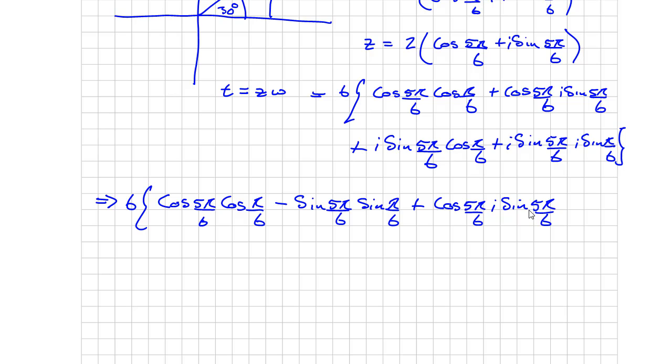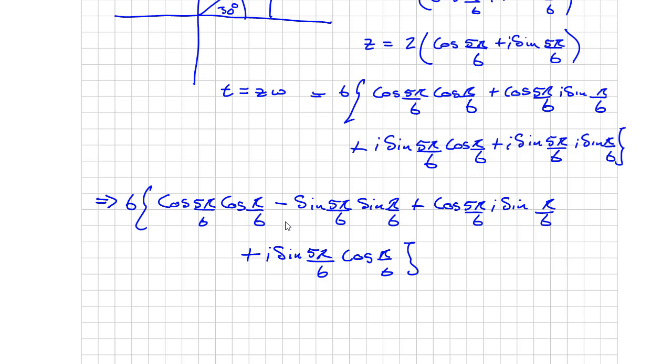No, that's not correct. That should be a pi over 6, sorry. So we have cosine, that's correct. Then we have sine, that's correct. Okay, so I think that was the mistake. And then we will have this term here. So we will have plus i sine 5 pi over 6 cosine pi over 6.